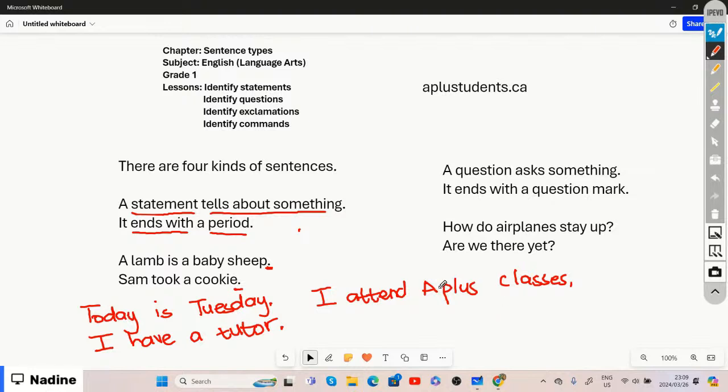Or you can say, I like the A Plus classes. That is also just a statement that you're making. The person that you're telling doesn't have to respond at all. It is basically just you telling someone about something, and that ends with a period.